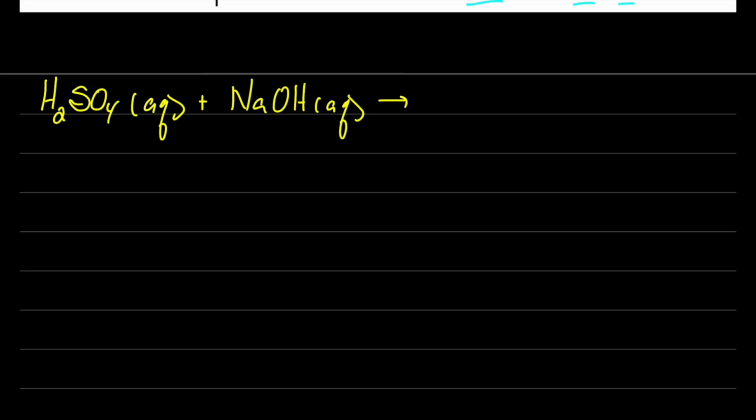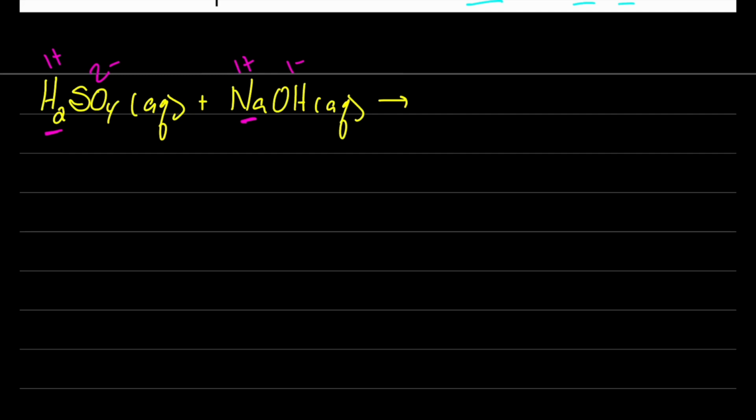So we'll check our charges. Let's see. We have a 1 plus for hydrogen, a 2 minus for sulfate, 1 plus for sodium, and a 1 minus for hydroxide. And again, our positives will be our metals. In this case, our positives will be swapping places.